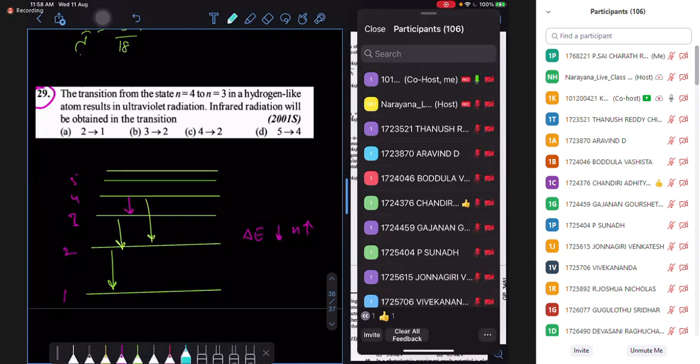Only 5 to 4 has less energy: the energy difference of 5 to 4 is less than the energy difference of 4 to 3. So this may be a possibility. No guarantee, but the possibility is there.